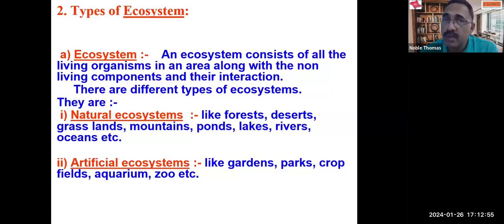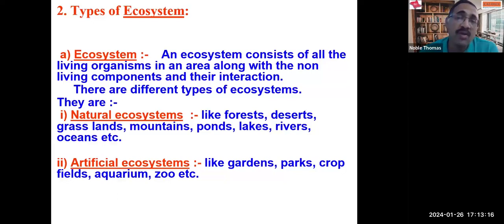So two components of the ecosystem are not present. If you want to continue with such an ecosystem, we will have to do the work. That is why we have to keep on feeding the fish in an aquarium, whereas we don't need to feed a fish in a natural pond. They find the food there.